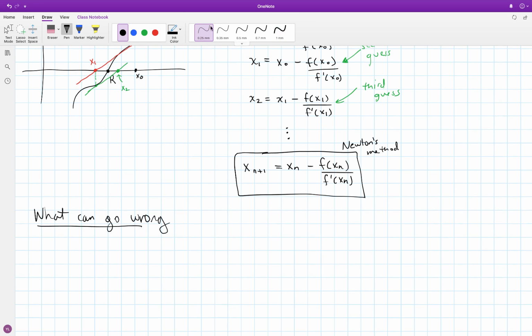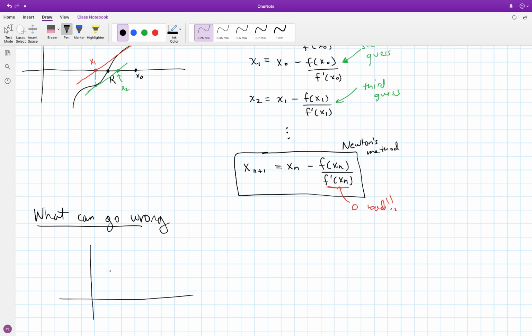If our first guess makes the derivative 0, that's bad because you can't divide by 0. And we can understand why, again, if we understand the method.